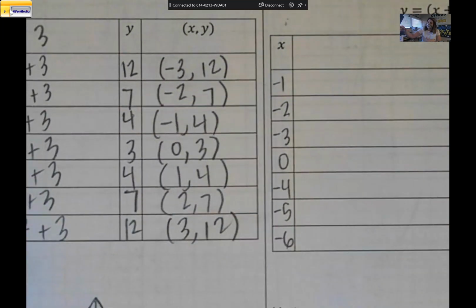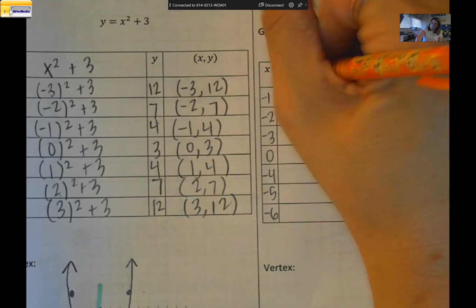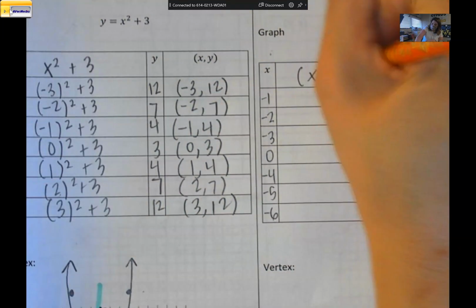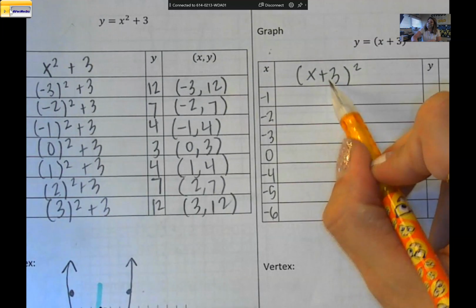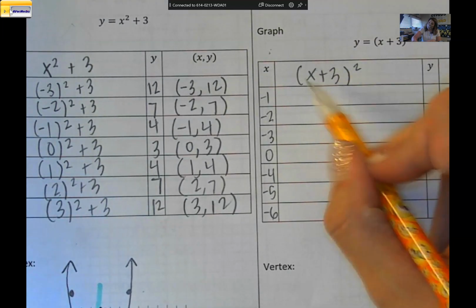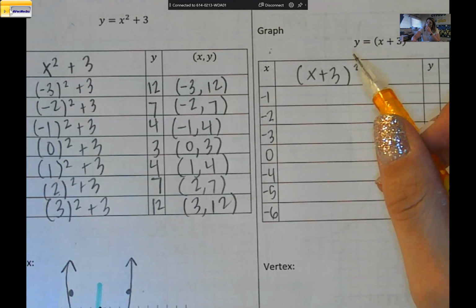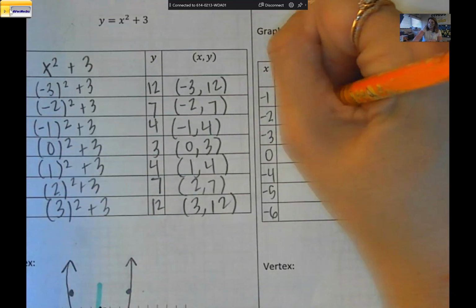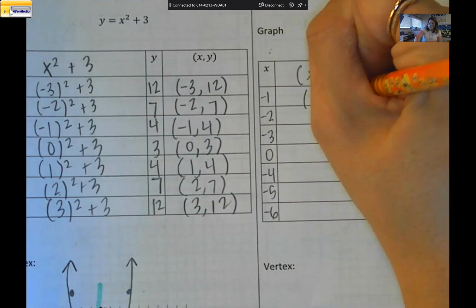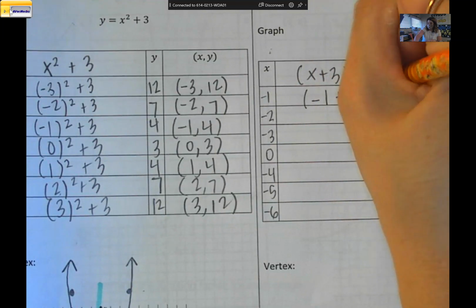So I'm going to fill mine in, and then I'm going to come walk around to see how you're doing. Oh, this time your function is similar but different. So we still have a +3, but it's trapped inside with the x. So when I plug this in, what it's going to look like is -1 plus 3 squared.